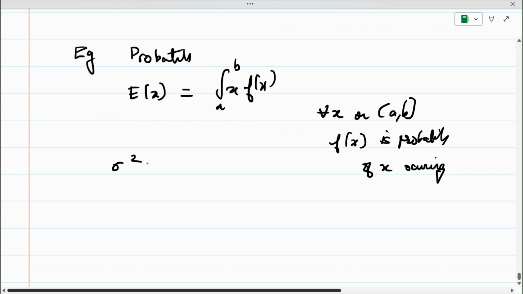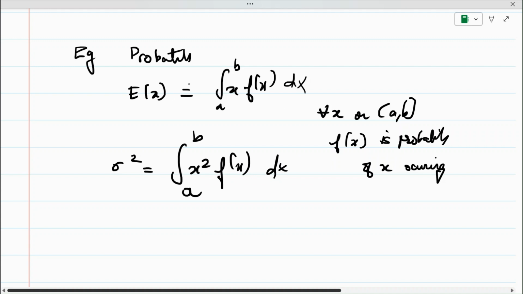And similarly, something called variance, how far the values are from each other, is actually the second moment, if I'm not wrong. I'm not sure exactly. But yeah, it's variance. And that's another example.